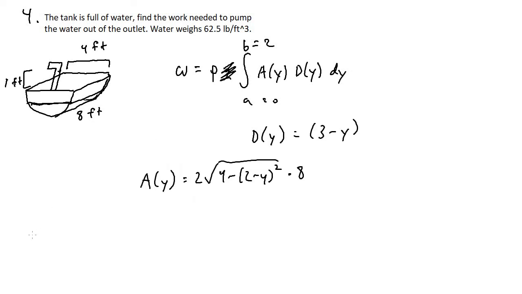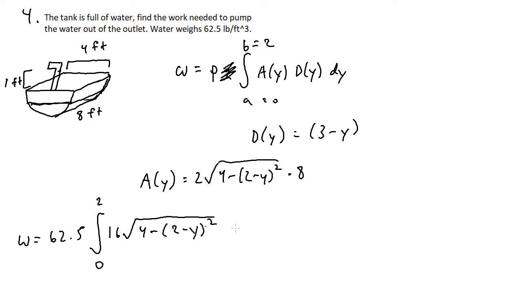And so when we put everything together, the work is going to be equal to the rho value, or the density, which is 62.5 pounds per feet cubed, multiplied by the integral from a to b. So from 0, which is the bottom bound, to the upper bound of the area function. And the area function, 8 times 2 is 16. So we get 16 times the square root of 4 minus (2 minus y) squared, times the distance function, how far the water needs to travel.